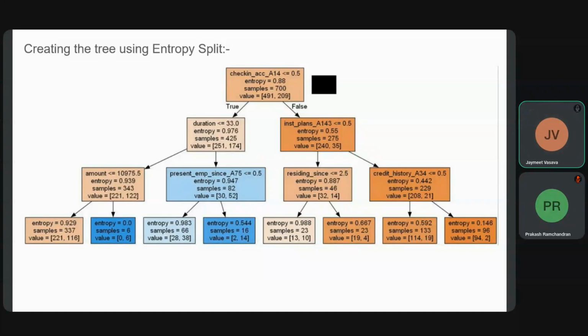Sorry, the root node was split on checking account, the second level on duration and installment plans, and the third level on amount, present employed since, residing since, credit history, and so on.